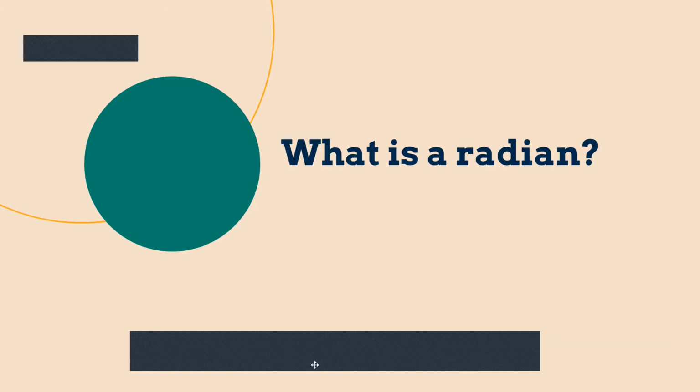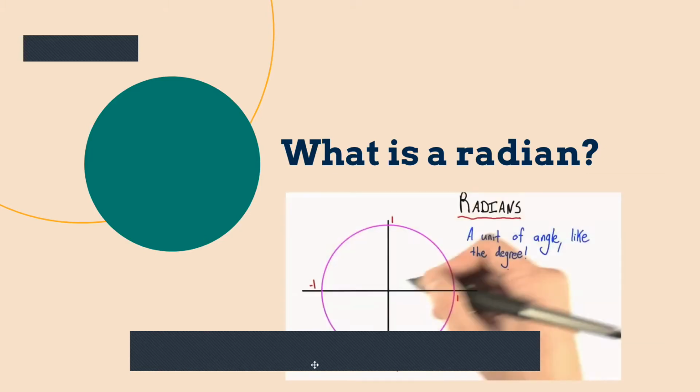A radian is basically a unit of angle. It's like a degree, except it's a bigger measurement. 1 radian is approximately 57.3 degrees, because in a circle you have 2 pi. A full circle has a radian of 2 pi, half a circle is pi, and 90 degrees is pi over 2, right? Because that's basically what radians are.